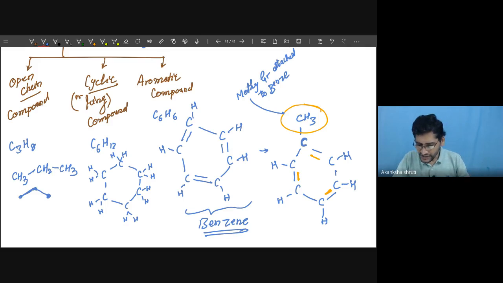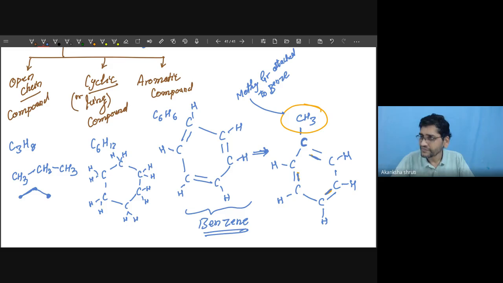Then, a student, when one of the hydrogens is replaced by this methyl group, this new structure, which has double bonds at alternate positions and contains 6 carbons, meaning the benzene ring, is now called toluene. Sometimes, even in NTSE, the structure of toluene is asked.